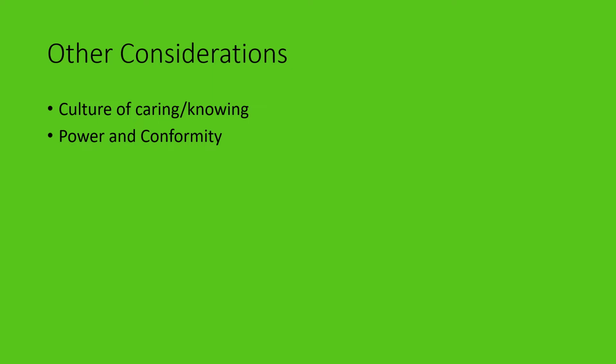But on a more negative side, there is an issue with power and conformity. Power refers to an individual's ability to enforce influence, enforce decisions, enforce change within an organization. And with that, there are many different types of power. There is information power, which comes from being able to withhold information.